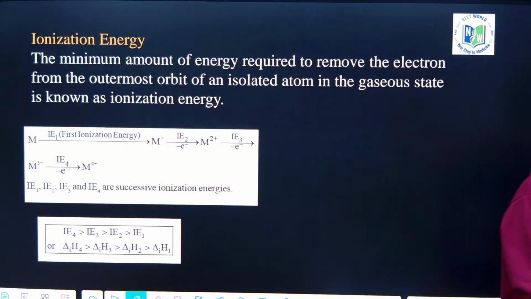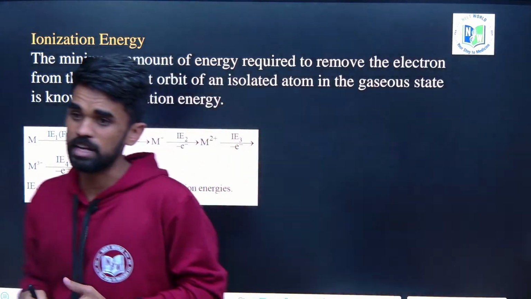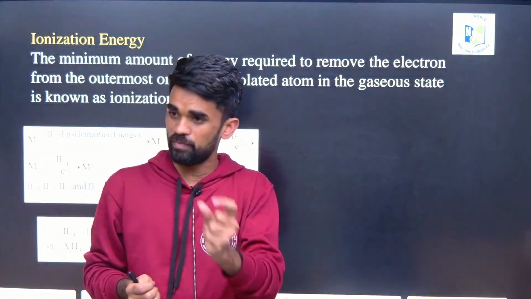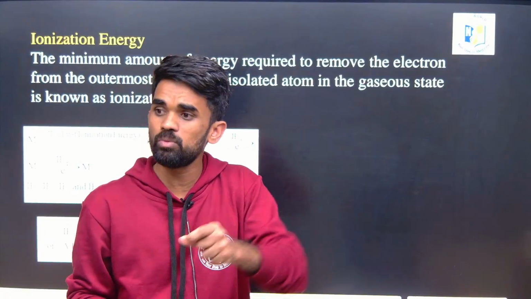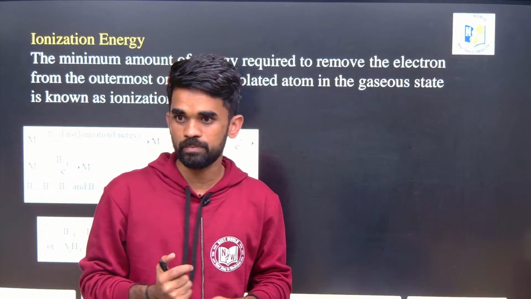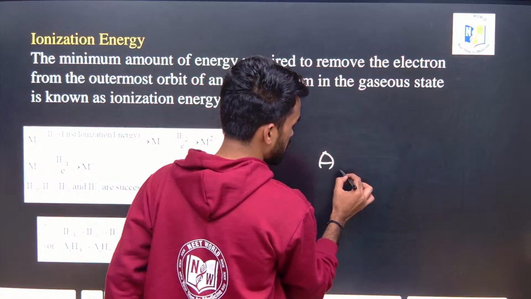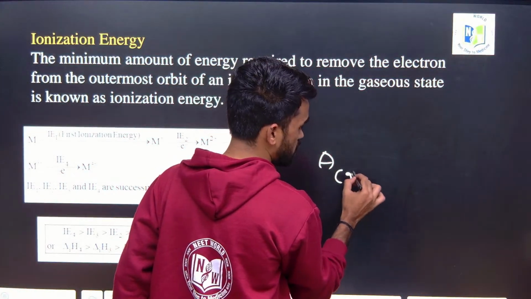So just look into it, what exactly does ionization energy mean? Anyone can tell me? The minimum amount of energy required to remove the electron from a neutral gaseous isolated atom, okay. So if A is an atom, consider it an isolated atom in gaseous state.